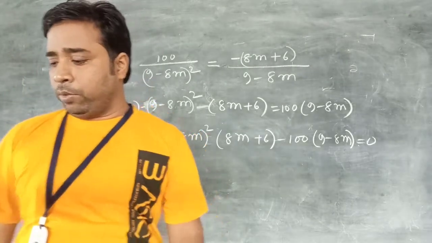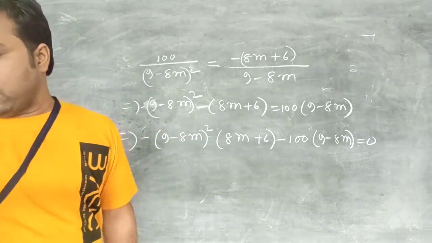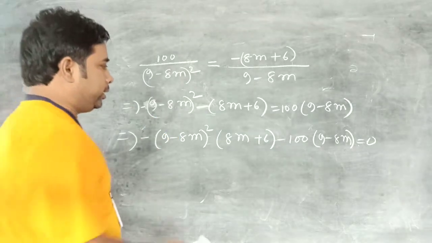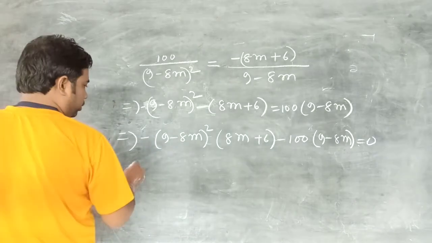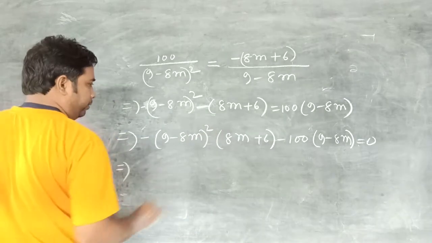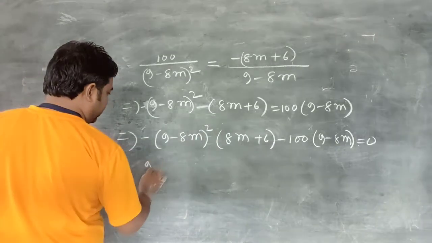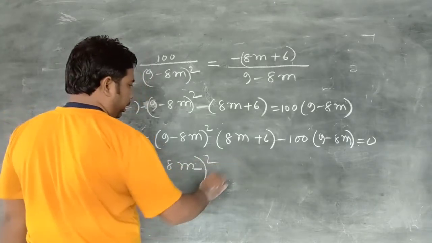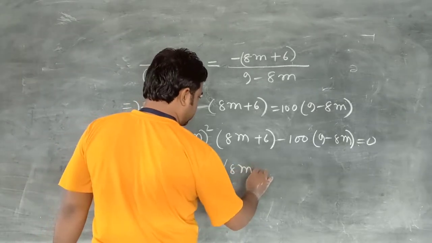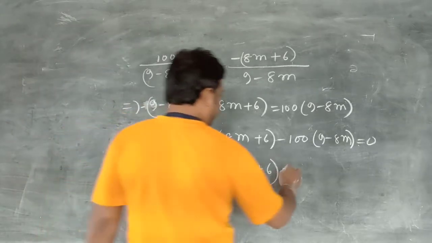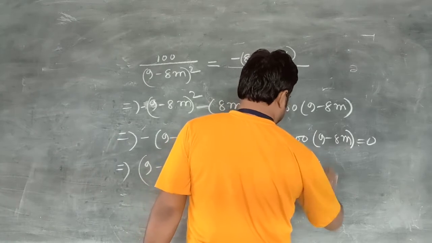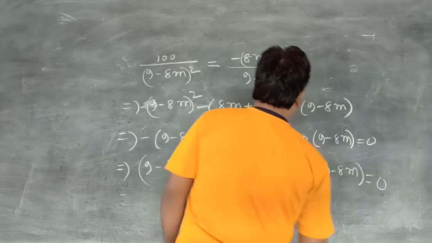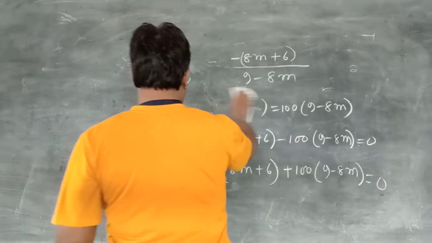After that, we shall get the value of m from there. Now first let us do one thing, divide all the numbers by minus sign. So this is 9 minus 8m whole square into 8m plus 6 plus 100 equal to 0.